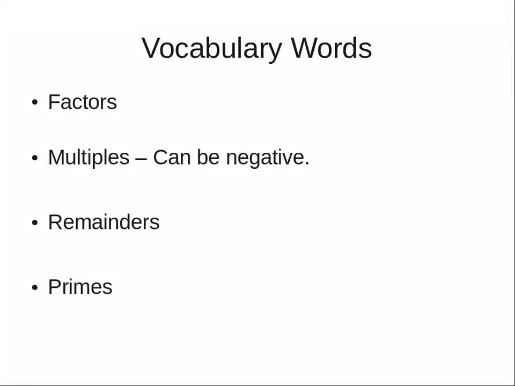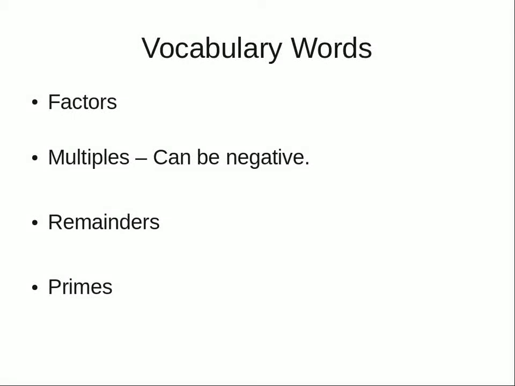Moving right along, go ahead and try these if you are brave enough to see if you know what these mean. And let me now give you the definitions. Factors, those are numbers that multiply to give a number. For example, 20.